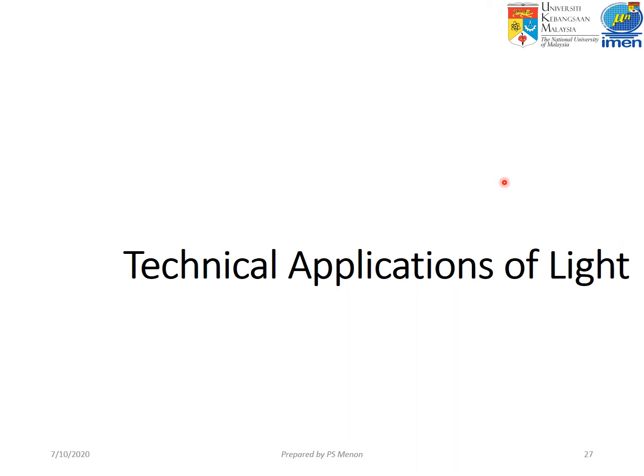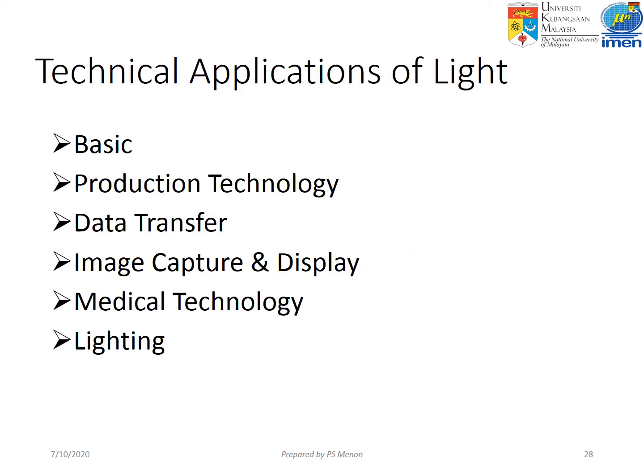Okay, finally we move on to the technical applications of light. Okay, in technical applications of light, we will cover some basic information about light, production technology, data transfer, image capture and display, medical technology, as well as lighting.